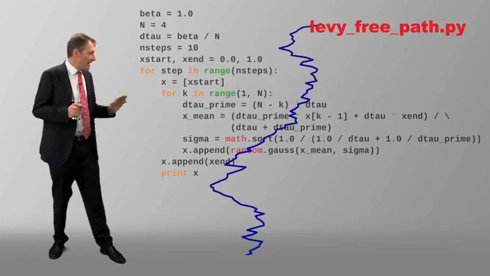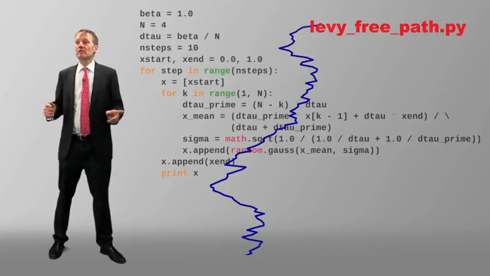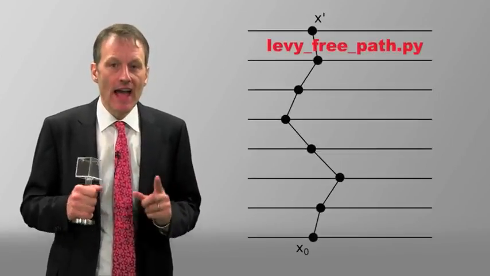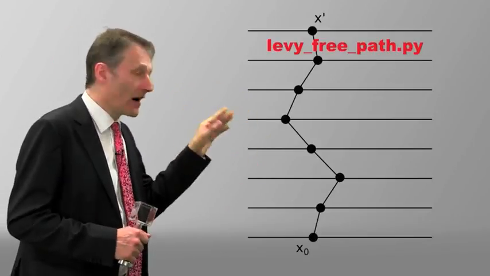In the limit n going to infinity, x of tau is a continuous function of tau. As a curiosity, let us discuss for a moment the return condition that makes the Lévy construction non-trivial. The path has to return to the position x prime at tau equal to beta.